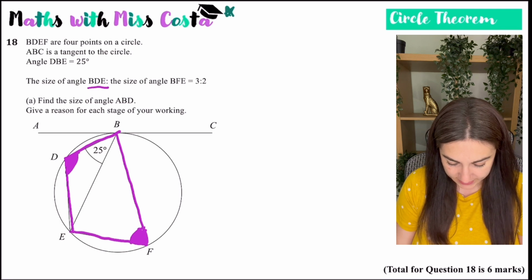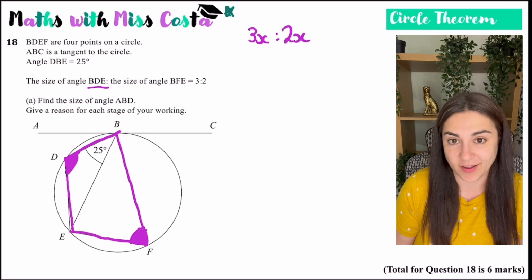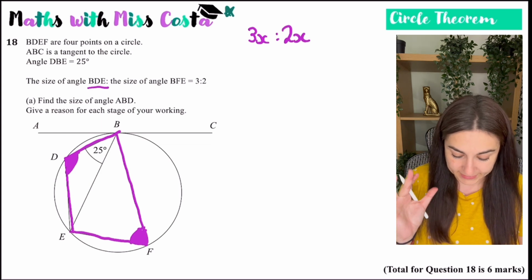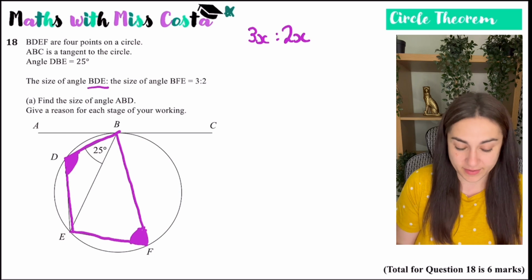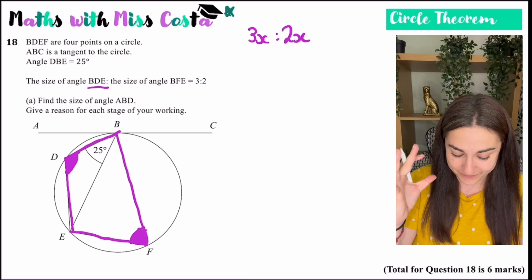So BDE is 3 parts. Let's just call that 3x to 2x, just so that I have something. It's in the ratio 3 to 2, so whatever the angle is, I can call that.